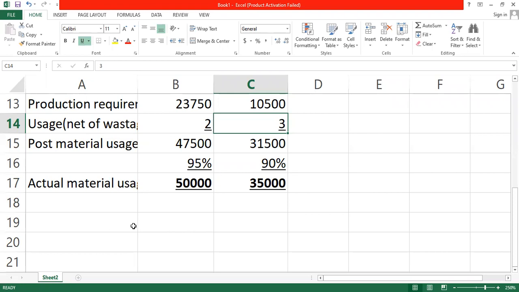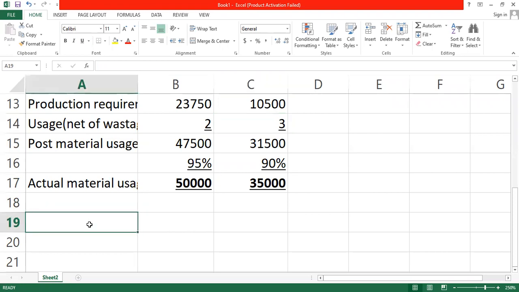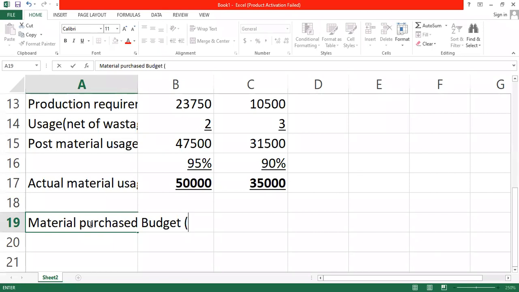Let me just do it. Material purchase budget in volume and in value.